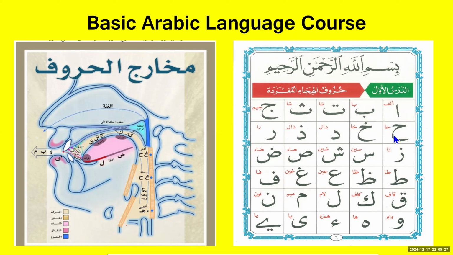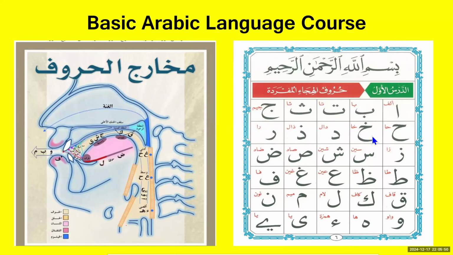Rutvik. Okay, Salman: Alif, ba, ta, sa, jim, ha, kha, dal, zal, ra, za.